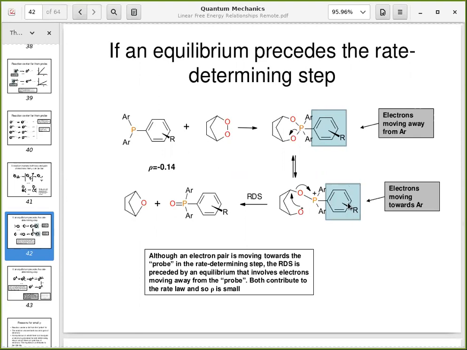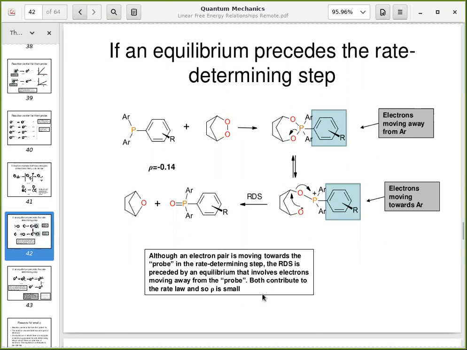However, this rate determining step is preceded by an equilibrium in which there is a movement of electrons away from the aromatic system. And so this contradiction, this moving away and moving towards, means that your Hammett plot is going to give a small rho.